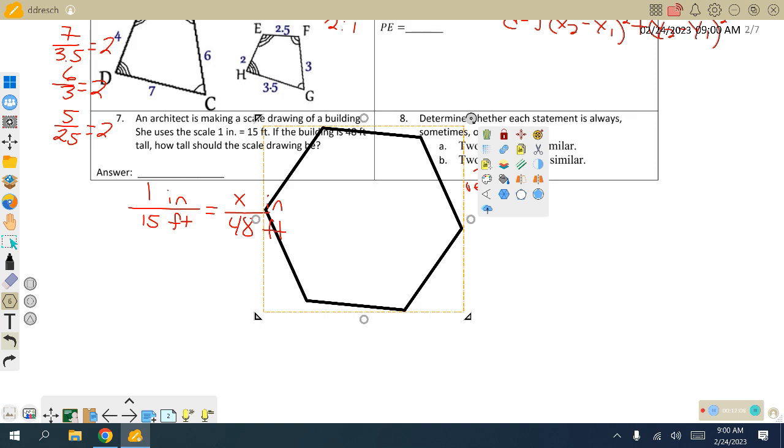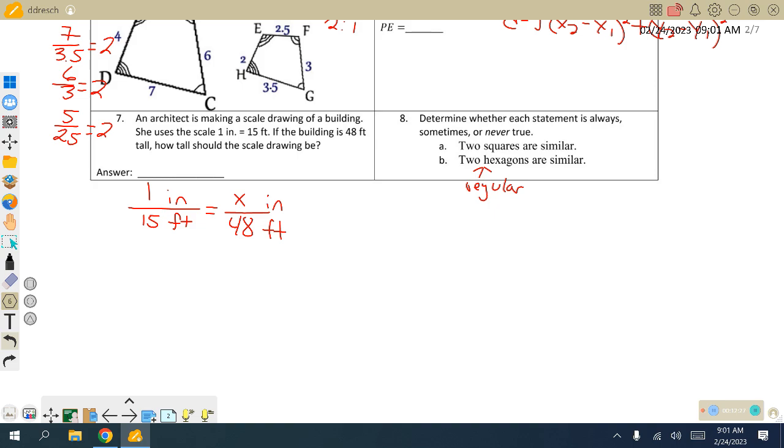If it doesn't have to be a nice regular hexagon, we saw hexagons that do not have nice 120 degrees. So letter B, sometimes. Sometimes is the issue, because they didn't put the word regular in there. So it just depends on the hexagon you're dealing with. All right, we'll leave it at that.